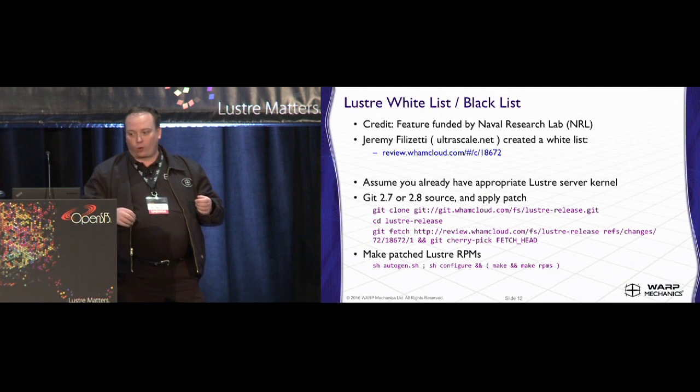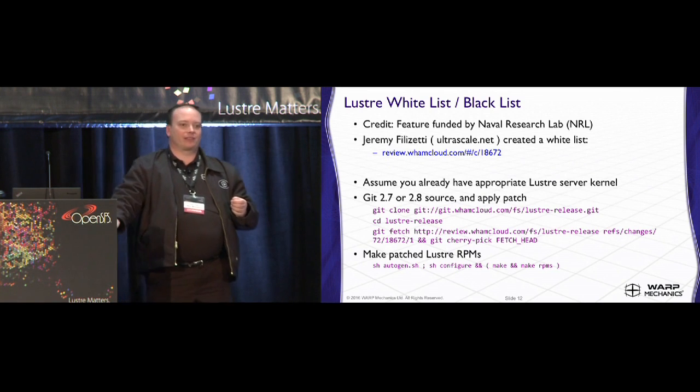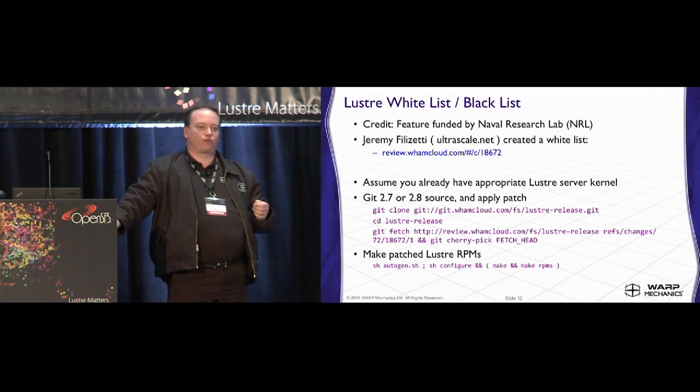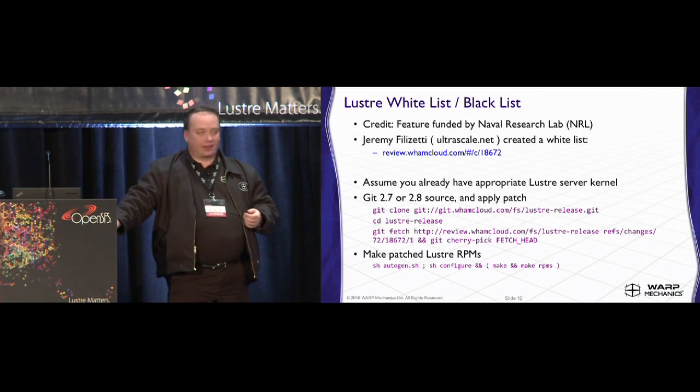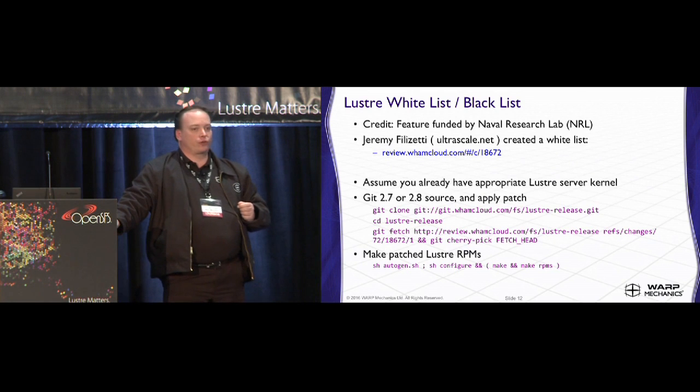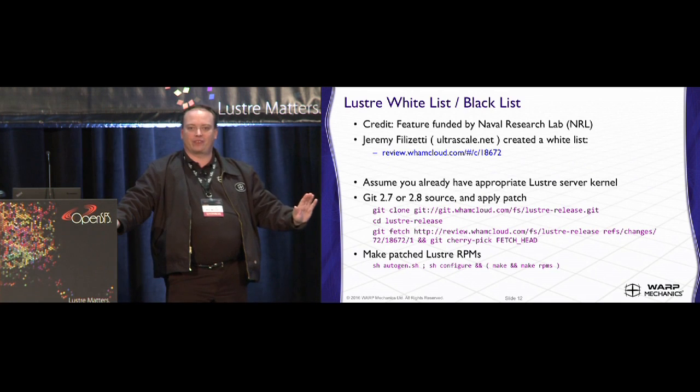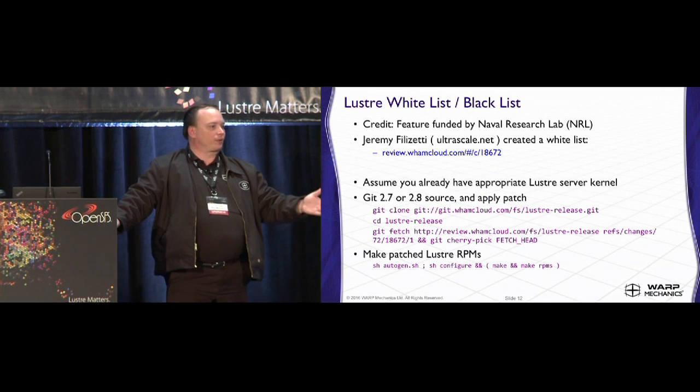So one of Warp's buddies at Naval Research Lab created this whitelist feature for the government, and he was kind enough to contribute it to the community as a patch. It involves bolting it into your own Lustre build. It's not currently in any of the pre-built downloadable Lustres.